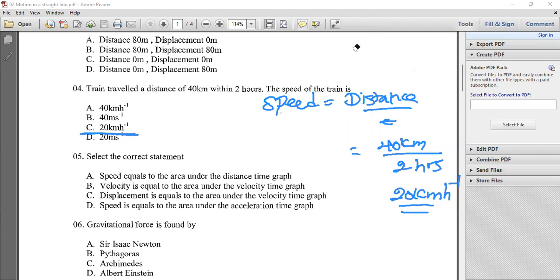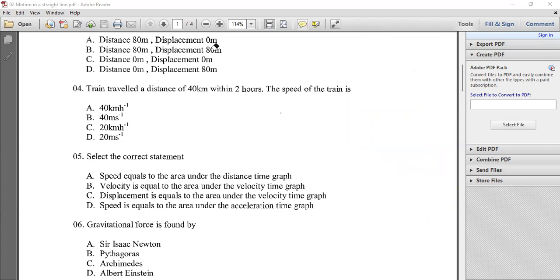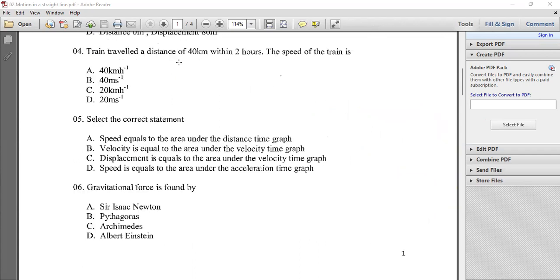Then they are asking us to select the correct statement. Speed is equal to the area under the distance time graph. Okay, if you can remember the displacement versus time graph. So distance versus time graph, now it's similar to the velocity over time graph.